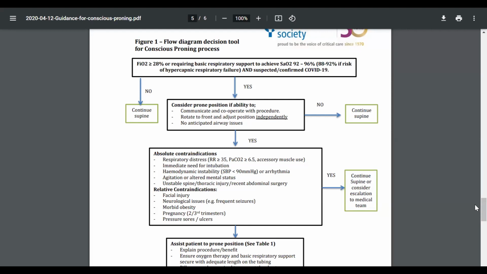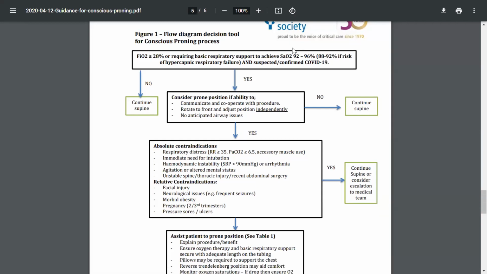And the relative contraindications include facial injury, neurologic issues, morbid obesity. So just think about those.